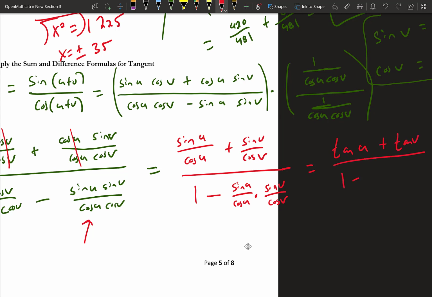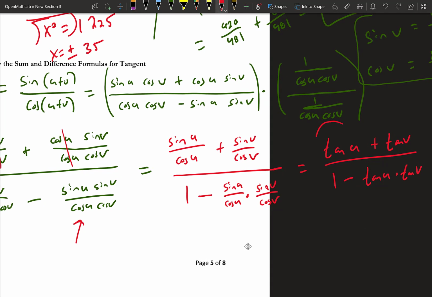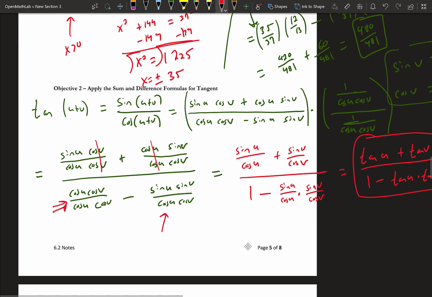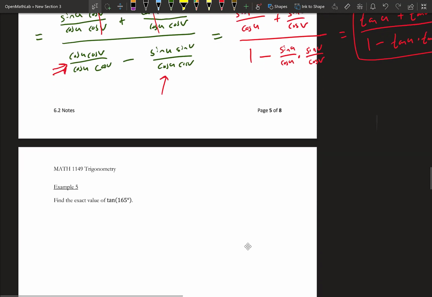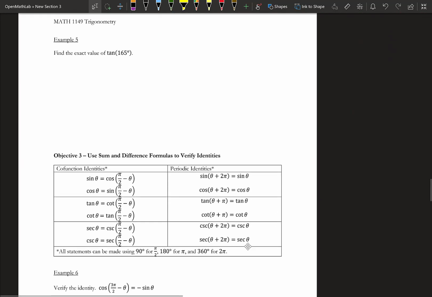Then we'd have 1 minus, and same thing, tangent of u times tangent of v, which is the sum formula for tangent. So that's where that comes from, just doing some algebraic stuff. You could prove this identity in this fashion. You could do the very same thing for u minus v: plug in those formulas, simplify, and verify the other identity.